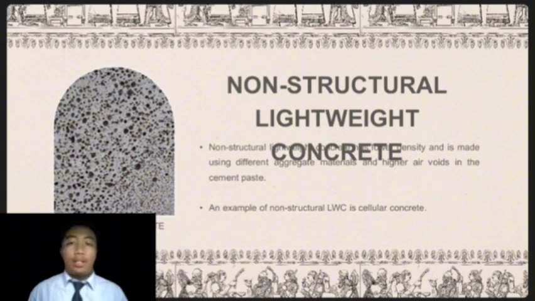Next, we have non-structural lightweight concrete. This type is distinct from structural concrete in a few ways. It generally has an even lower density and is made using different aggregate materials. Crucially, its mix design incorporates much higher air voids within the cement paste, which contributes to its lightness and often provides insulation benefits.